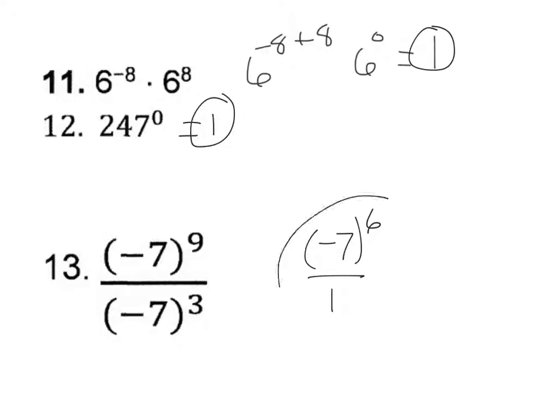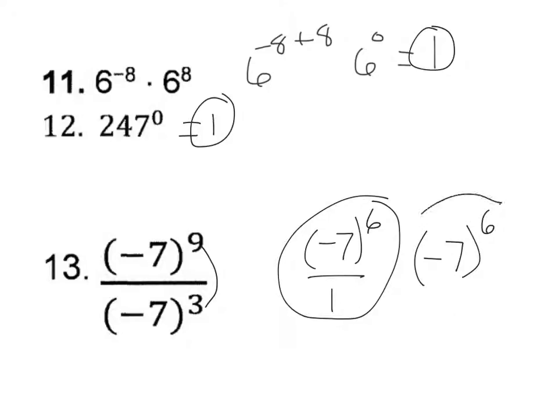So this answer would be acceptable. Another way to think of this is, for a quotient, we have a rule that you just subtract the exponents. So 9 minus 3 is 6. So you'd have negative 7 to the 6th power.